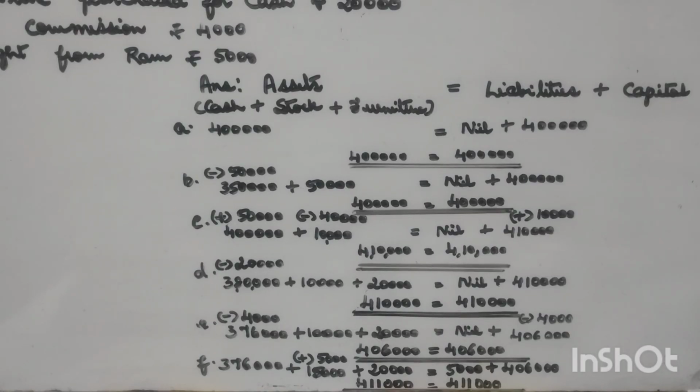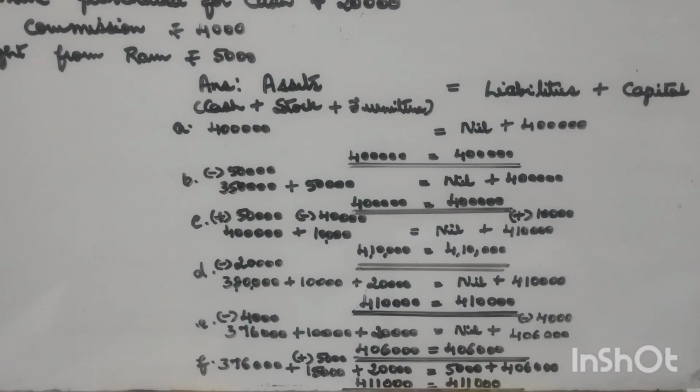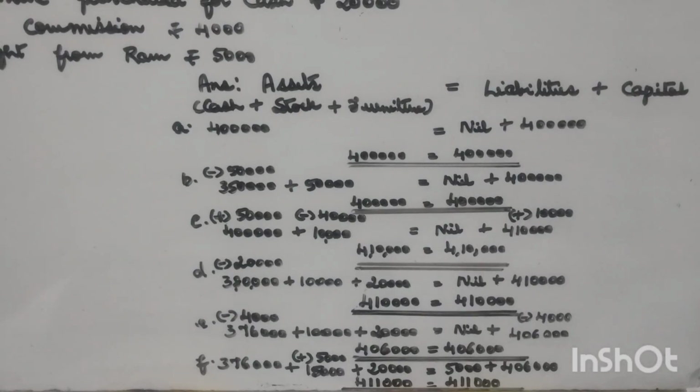So the present cash balance will be 4 lakh, and goods are sold out of the stock. The value of stock is 50,000, out of which 40,000 stock has been sold out. So 40,000 has to be deducted.